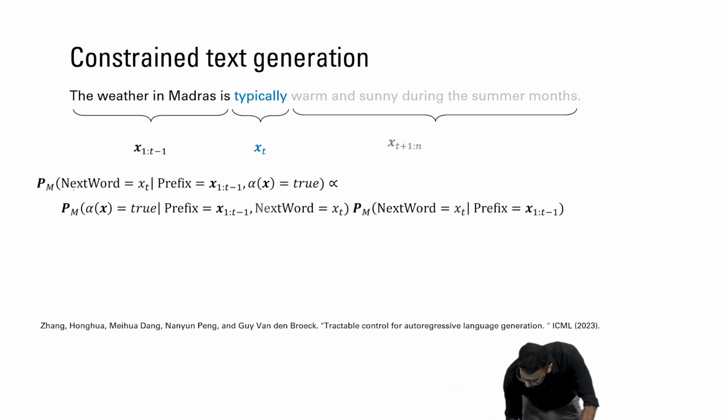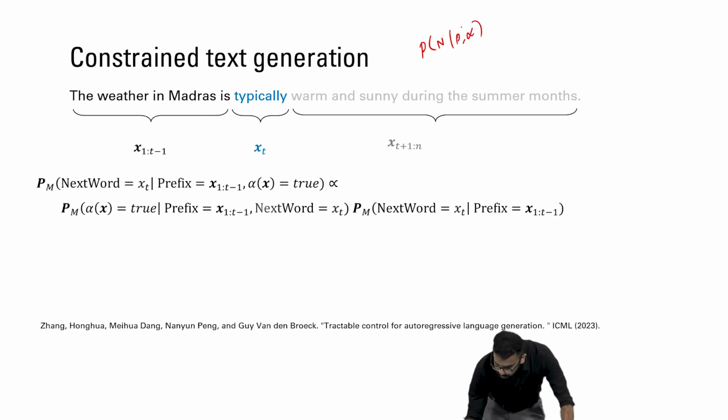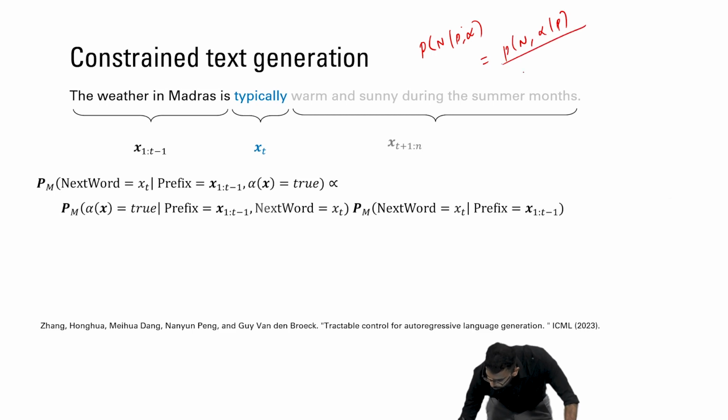So I can apply Bayes rule here. I'm looking at probability of next word n given prefix p comma my constraint alpha. If I apply Bayes rule, this is proportional to probability of n comma alpha given p times probability of alpha given p.